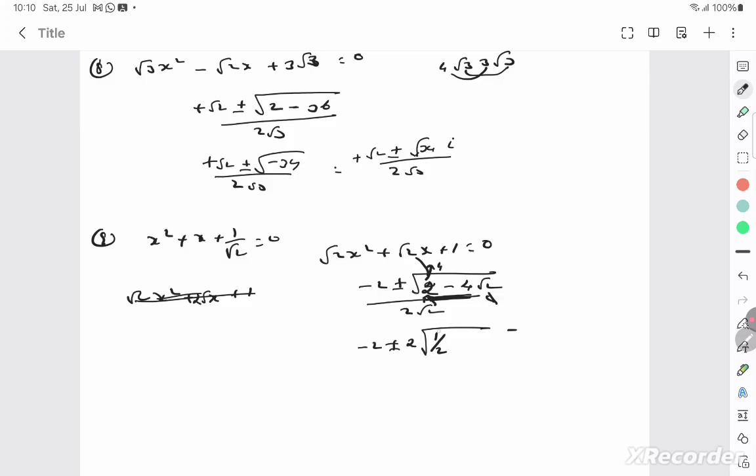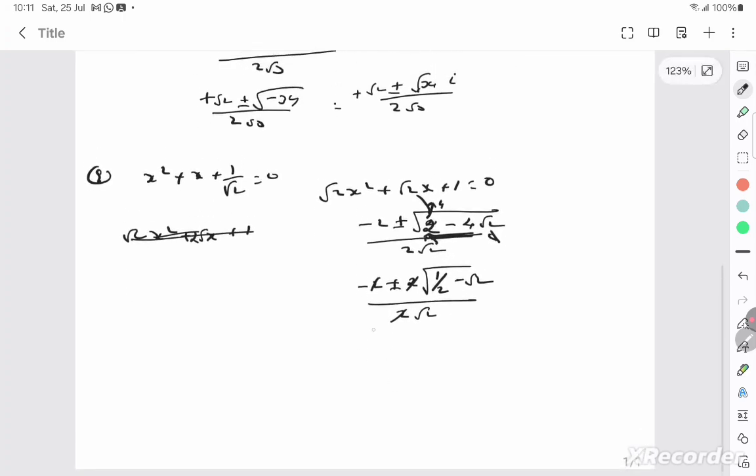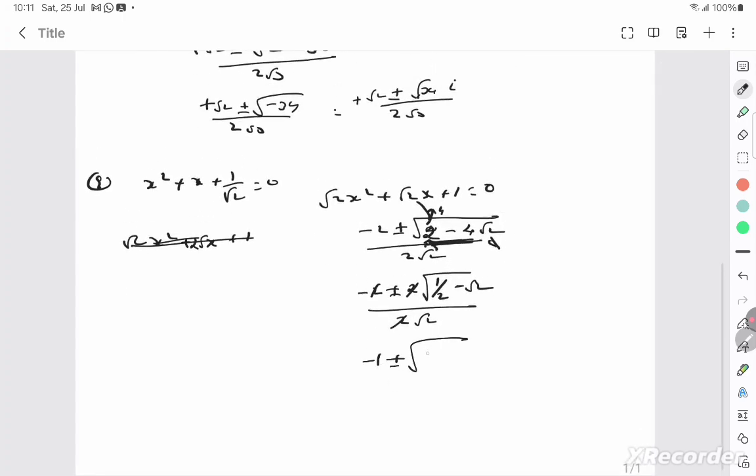So when you bring it in, it's 4 and becomes a 2. I hope you understand. But I have taken a 2 out. This 4 will not be there. So it's 1 by 2. It's 1 by 2 minus root 2. So that's how you get 1 by 2 minus root 2 by 2 root 2. In that case, we can cancel off the 2 out and you get minus 1 plus or minus. When you take LCM here, it's 1 minus 2 root 2 by 2 root 2. So something like this becomes the complex part.